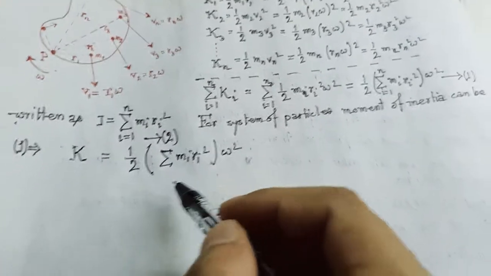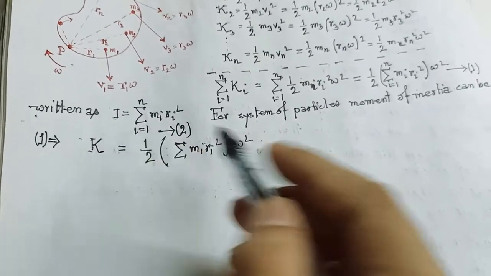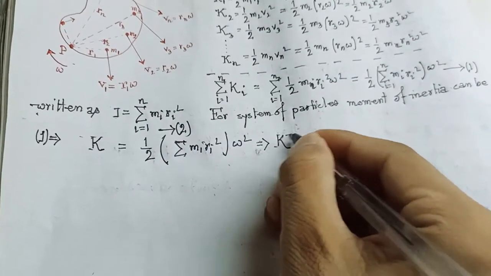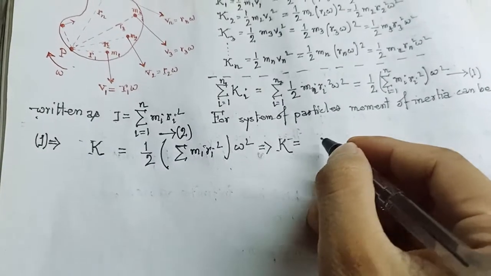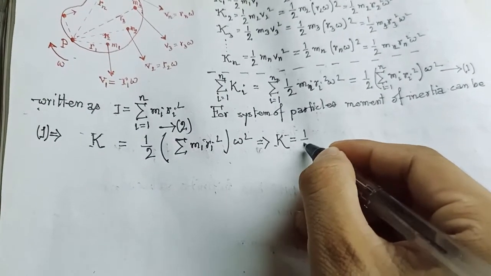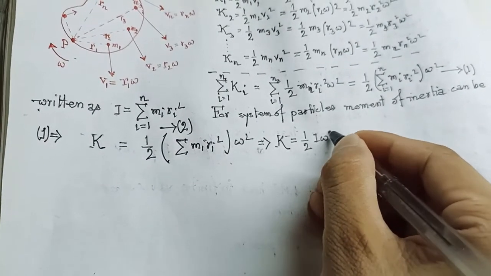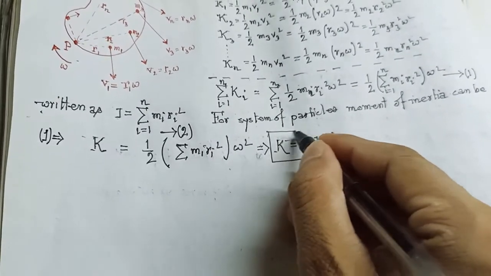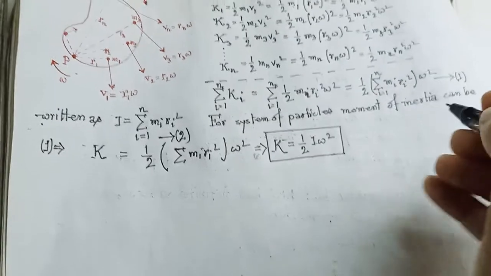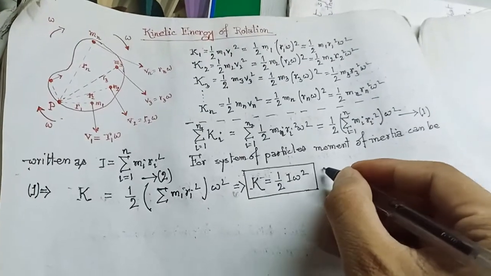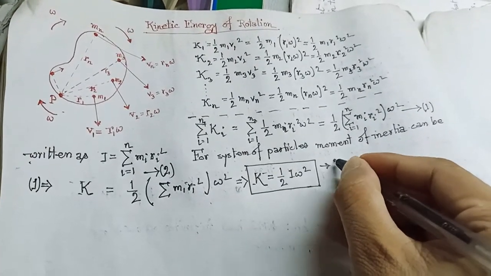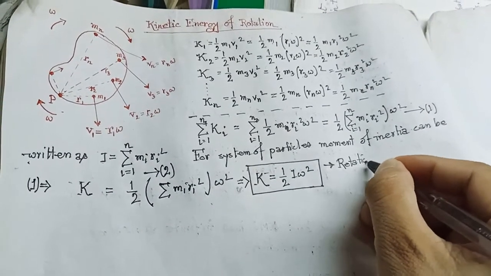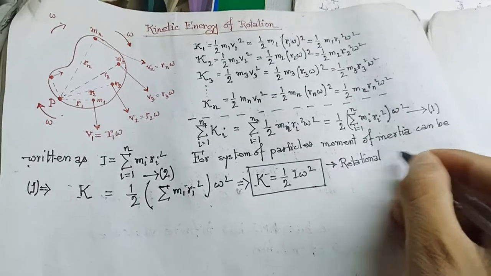Now if we substitute the value of I from equation number 2, then we get the total kinetic energy K equal to half I omega square. So this is the expression for finding the kinetic energy in rotation, the equation for rotational kinetic energy.